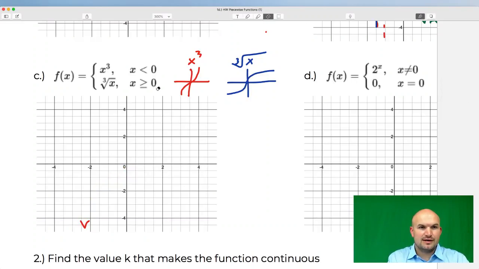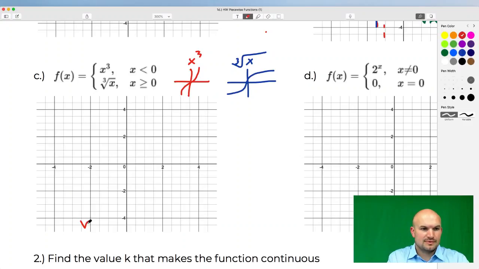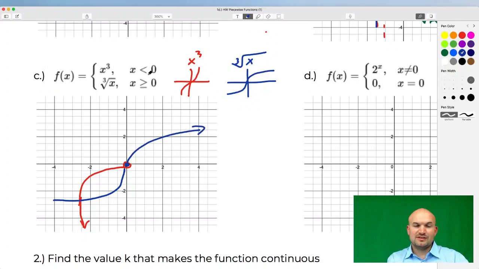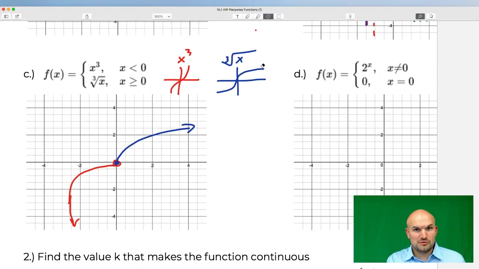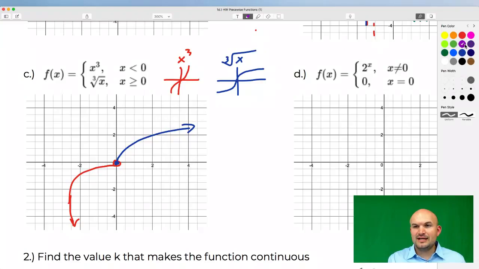But when I do this cube root function, the cube root function fills in the hole. However, this is only true for greater than or equal to, so I'm going to delete where all the x values are negative, but that's what your graph looks like. It looks really bad, but that's close to what your graph will look like. All right, so now let's go ahead and evaluate.